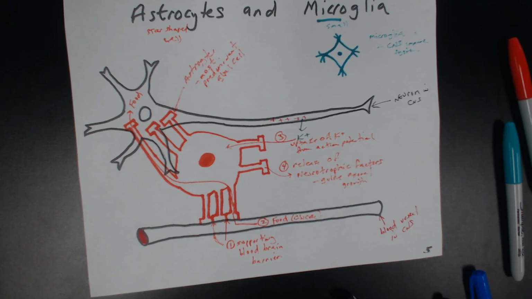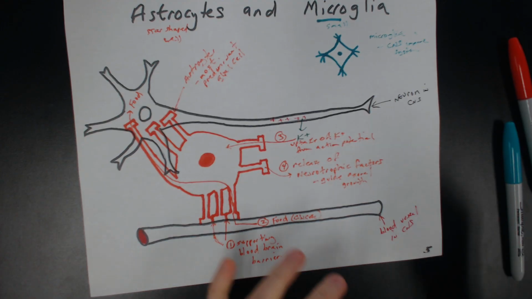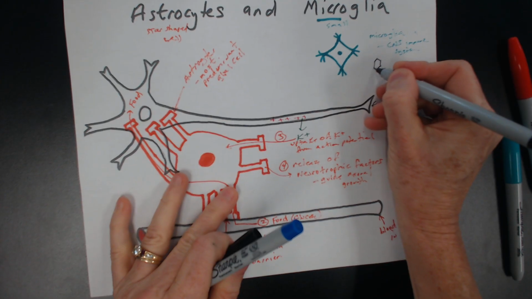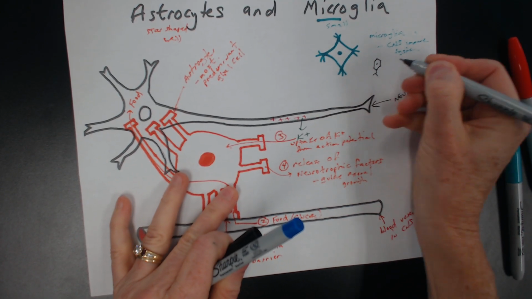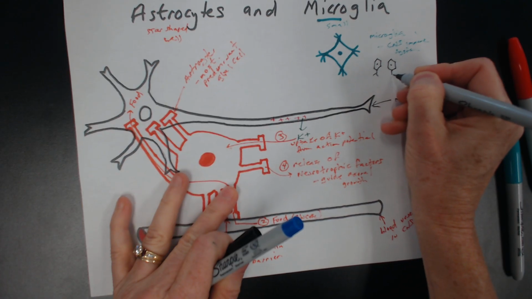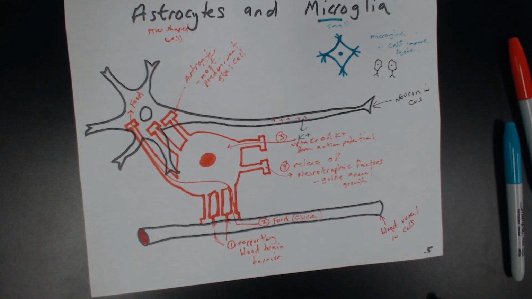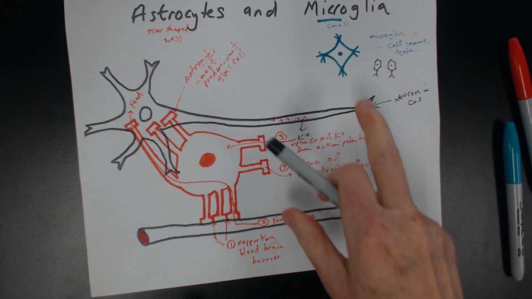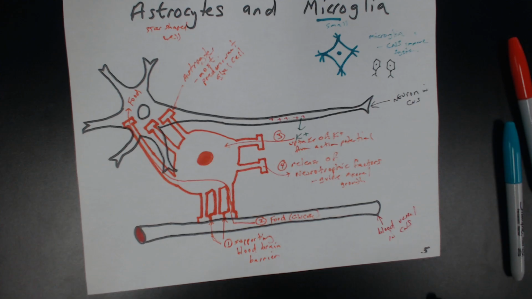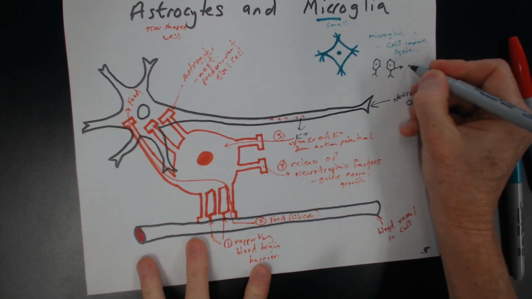And to represent that, I usually like to draw these little structures here. Does anybody know what these would be? Viruses, yeah, they're viral particles. Okay, so viral particles get into the CNS. It's going to be the job of the microglia to seek out and destroy the viral particles. All right, it's just a visual to help with that.